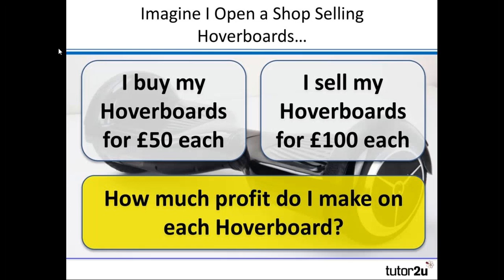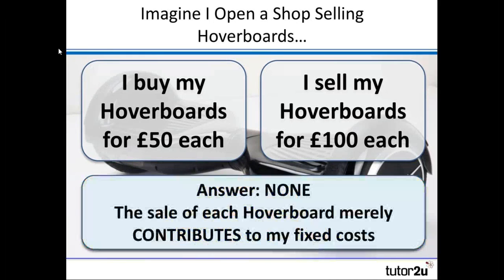So the first question for you is, how much profit do I make on each hoverboard? What do you think the answer is? For those of you who say it's £50, that's not right. The answer is, I don't make any profit at all on buying for 50 and selling for 100. I merely contribute. The sale of each hoverboard merely contributes to my fixed costs.